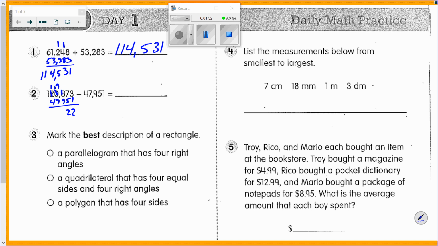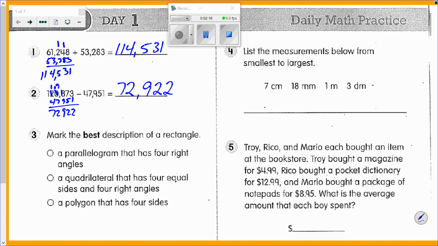So that 9 came from borrowing from that 1. Okay, it gives us 18 minus 9 is 9. 9 minus 7 is 2. 11 minus 4 is 7. So 72,922.